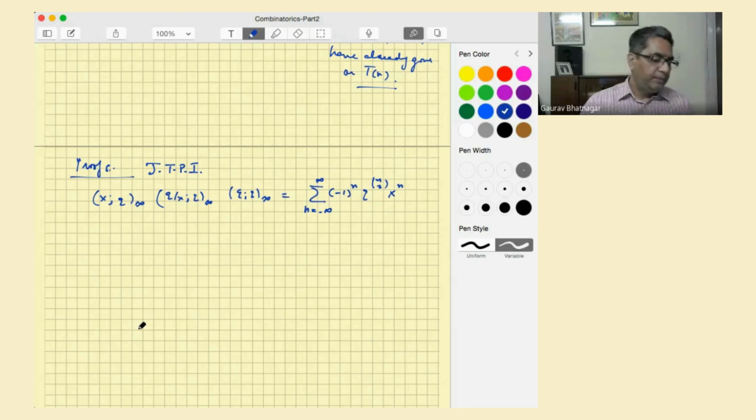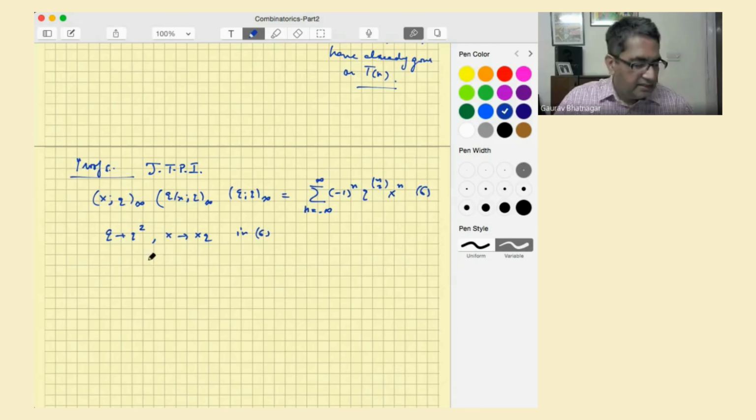Okay, let's call this equation 6 because the other one was 5. And we sometimes take q to q square and x to x cube in 6, to get an equivalent form.